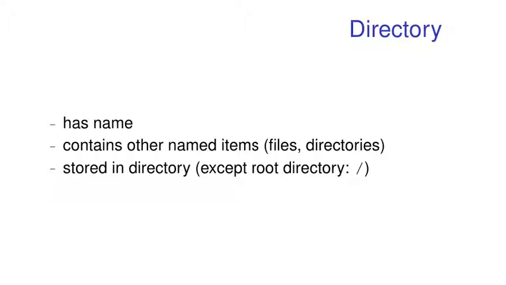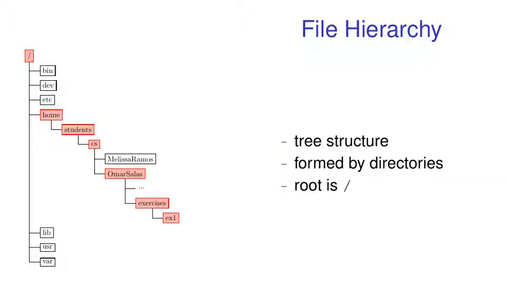Almost every directory is itself stored inside another directory, called its parent. The only directory that does not have a parent is called root directory and is written with a single /. All the directories together form a hierarchy which has a tree-like structure.